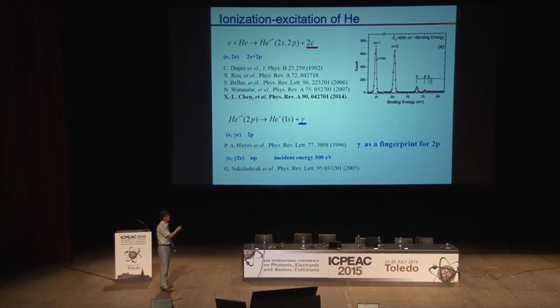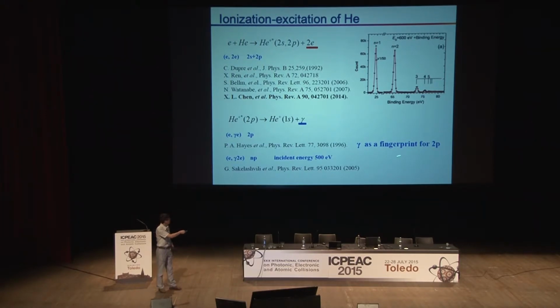For the measurement, most experiments for the ionization and excitation process use the (e,2e) method. That means they measure the two electrons in the final state and then get the binding energy spectrum and determine the principal quantum number from this spectrum. But the 2s and 2p states could not be separated since the binding energies for these two states are almost the same.